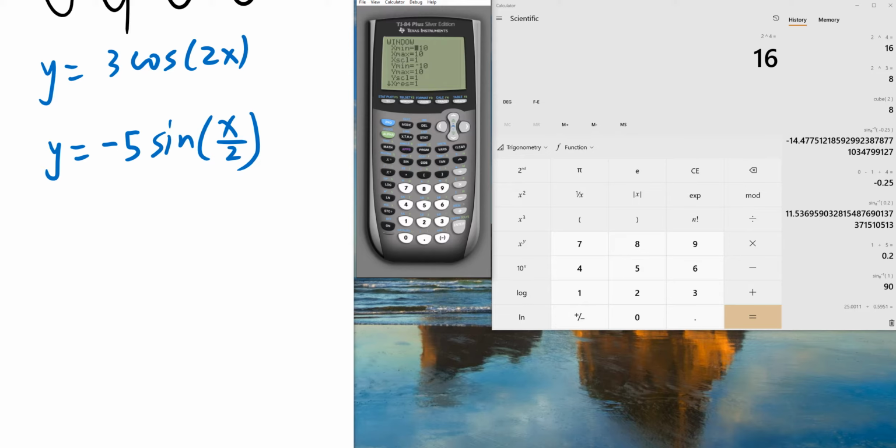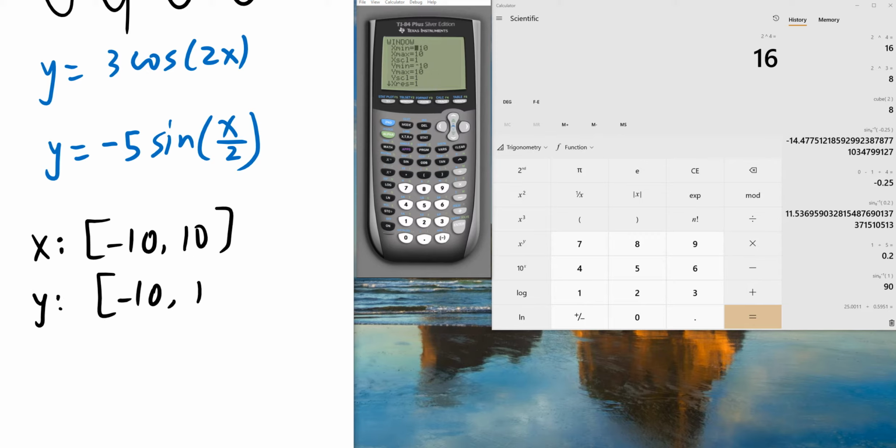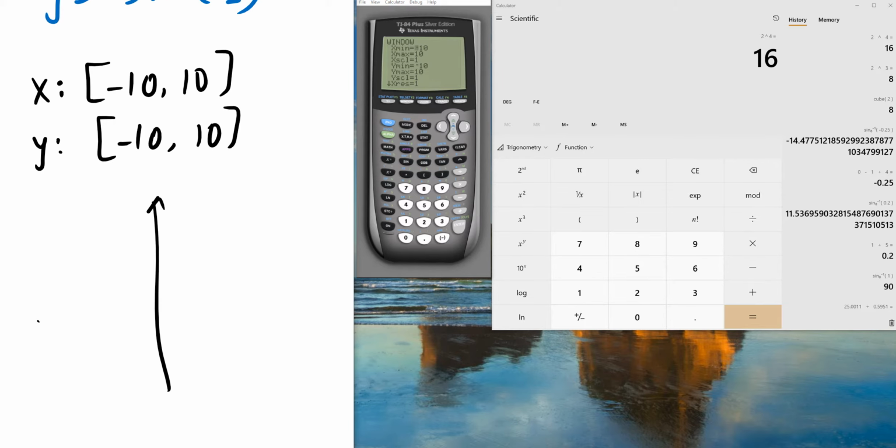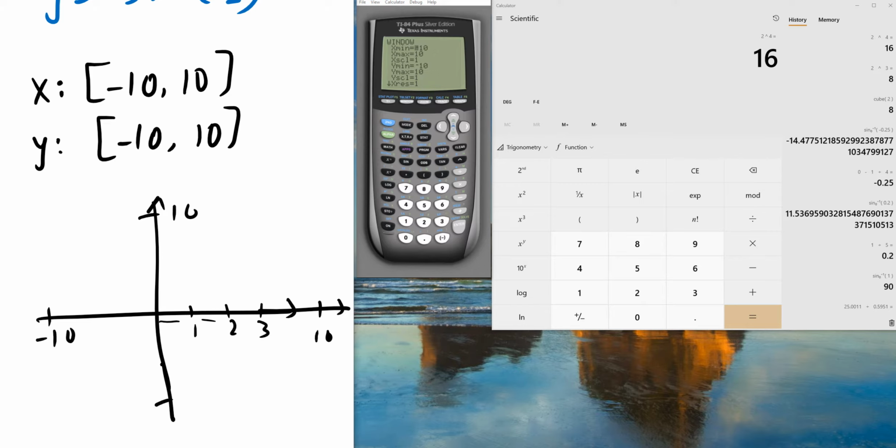The standard window always has x from -10 to 10, and y from -10 to 10. The x scale of 1 means each unit is 1, so when you go 1, 2, 3, each mark is 1 unit. So it goes up to 10 and down to -10. That's the standard window.